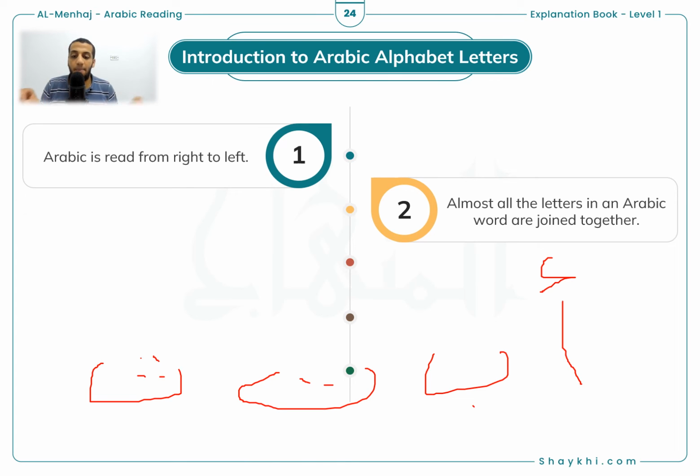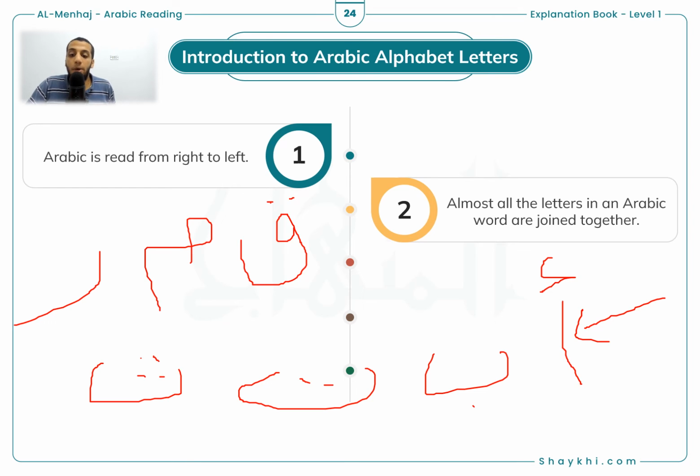What does that mean? It means that when we write down any Arabic word, we will not use these forms, but these forms are joined together. So for example, if we write down the word qamar, we have three letters: qaf, mim, and ra.